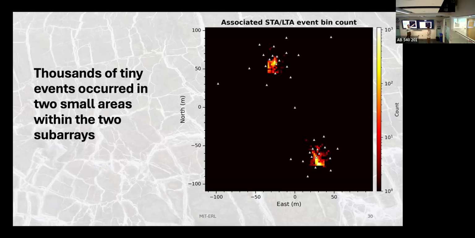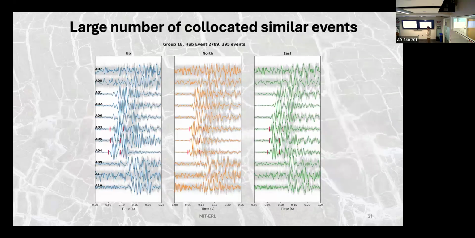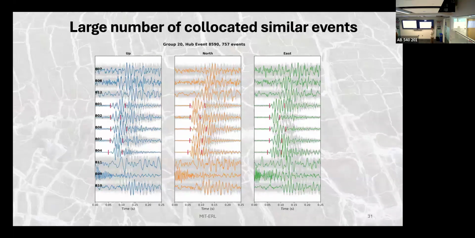The scale here is log scale, so there's a very high event density. These events also contain a large number of similar waveforms, which suggests that they happen probably exactly at the same location, because the cross correlation values can't tell them apart. They are all the same. You can't relocate them, because they are all perfectly aligned, suggesting that they are almost perfectly co-located.